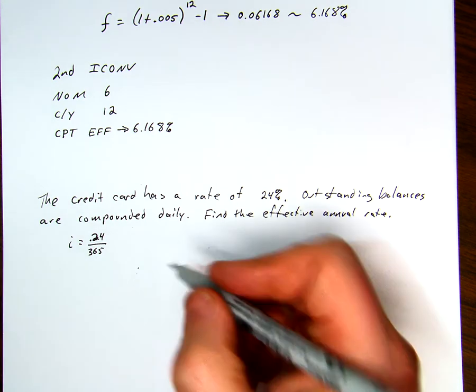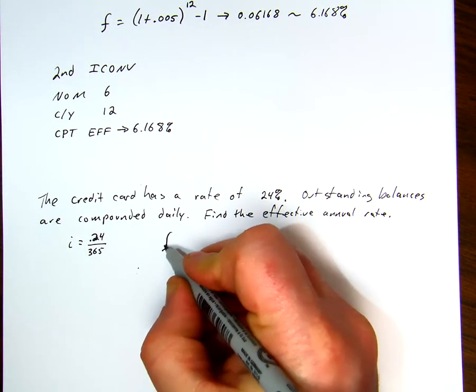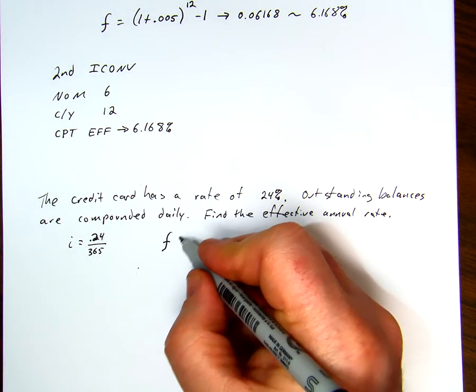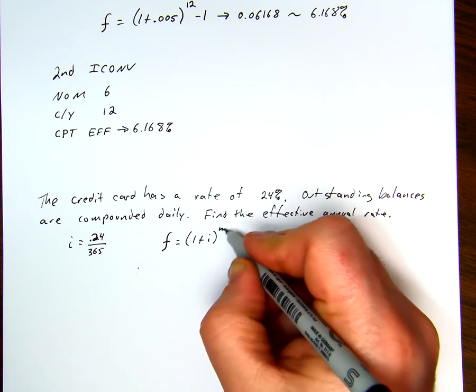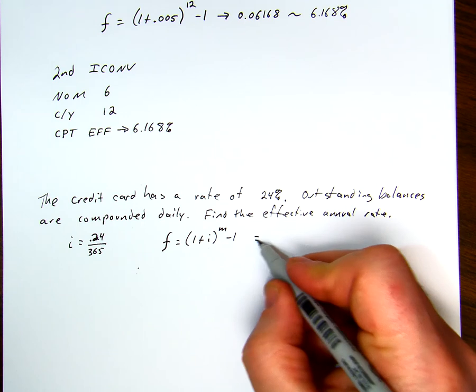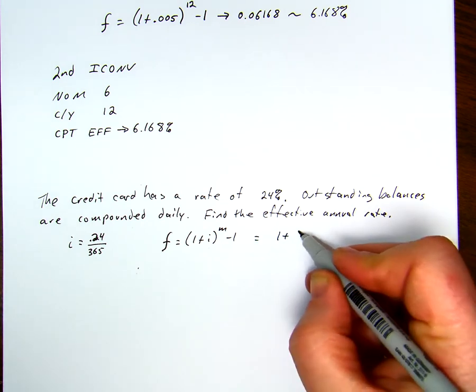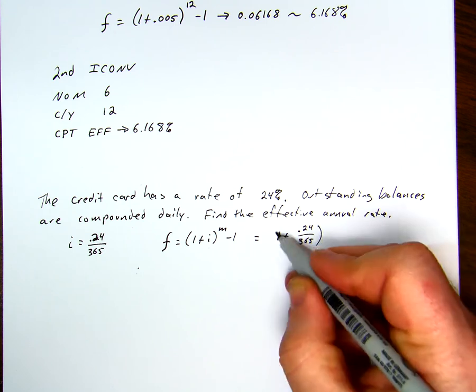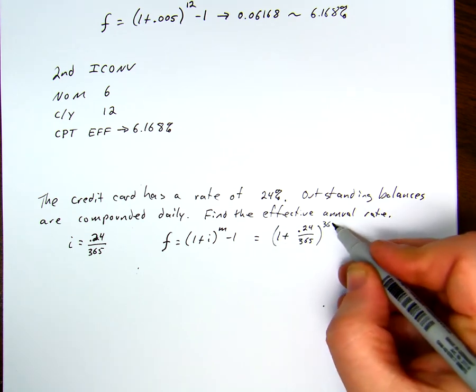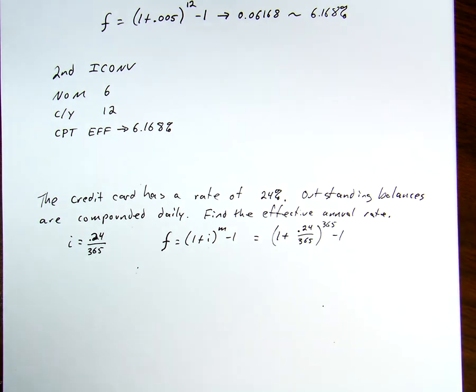I will use the formula first. The effective rate is equal to 1 plus I to the m minus 1. So this is 1 plus 0.24 over 365, to the 365, minus 1.